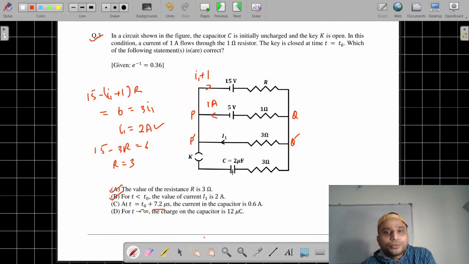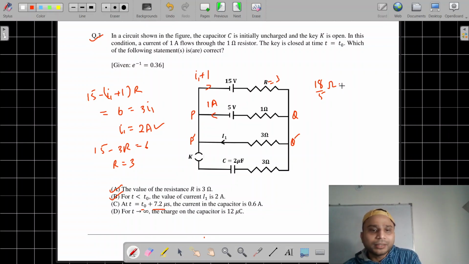So to find the resistance of the whole circuit, we simply short the batteries, so there is no battery and only resistances exist. This resistance we calculated as 3. If we calculate the equivalent resistance of 3, 1 and 3, it comes out to be 3 by 5 ohms. That becomes in series with this 3 ohm, giving 18 by 5 ohms.